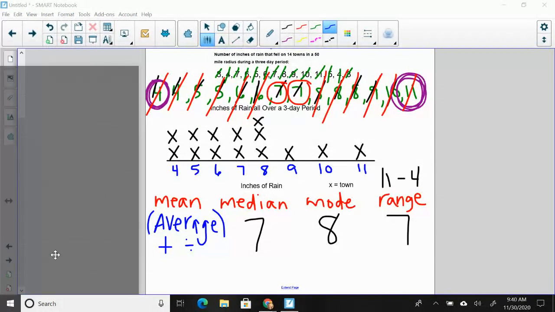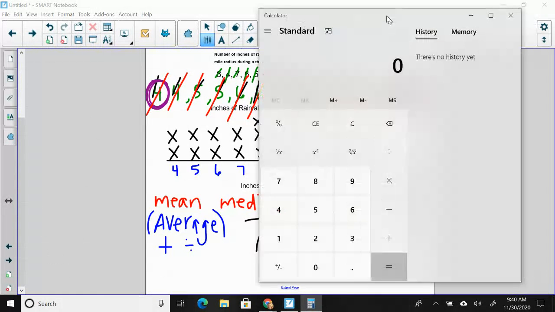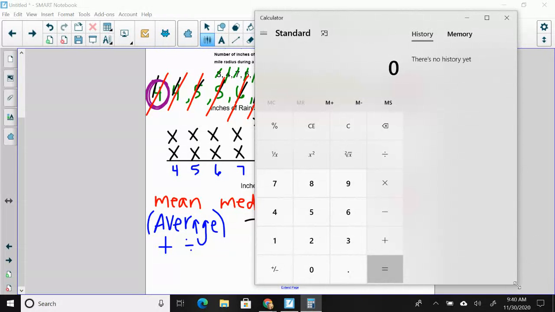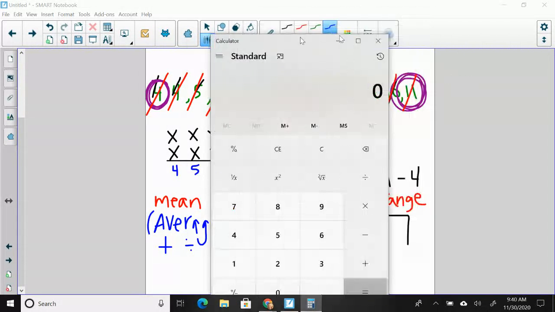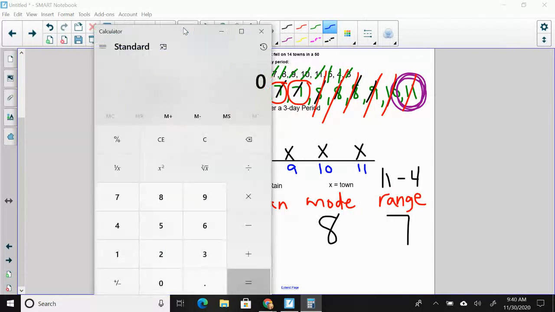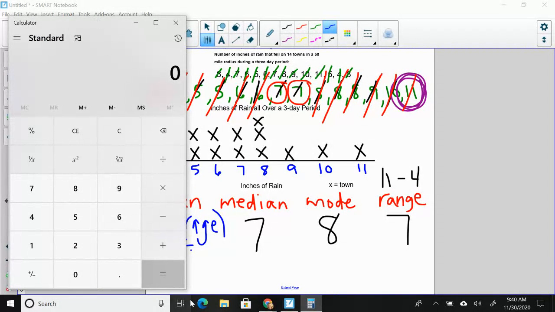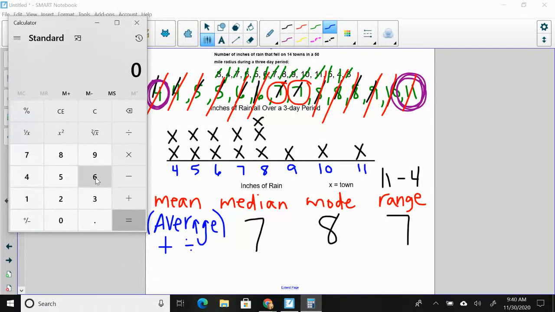and we are going to add all 14 numbers together. I'm going to shrink this a little bit and move my calculator over here. All right. So I'm going to add, and I usually add 2 times, but I'm going to start with 4.